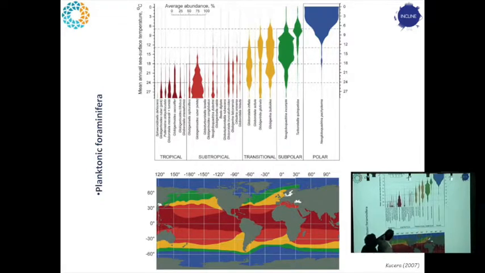For example, in the tropics, we have a lot of Globigerinoides sacculifer. Take a look here at the width of this dark red bar. On the top, you have the average abundance of the species. As mean annual sea surface temperature decreases, which in general terms happens from the equator towards the north and the south, the width of the bar gets thinner and disappears.